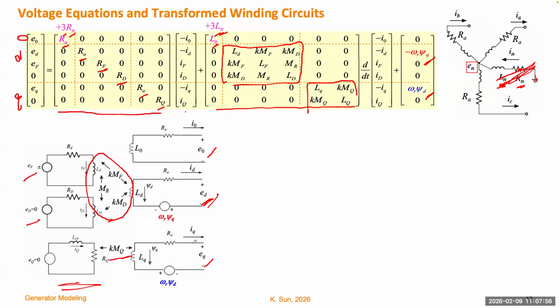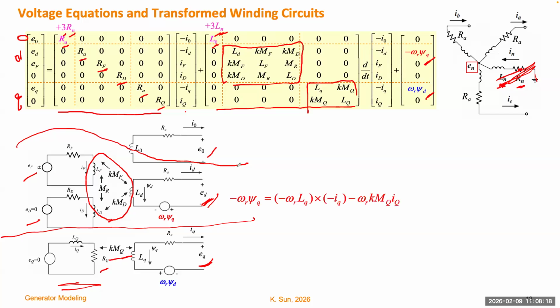And this coupling is only between the Q axis stator winding and the Q axis damper winding. So we don't need to consider the coupling between D and Q. That's completely isolated between the 0, D, and Q. So this gave us a much simpler circuit.